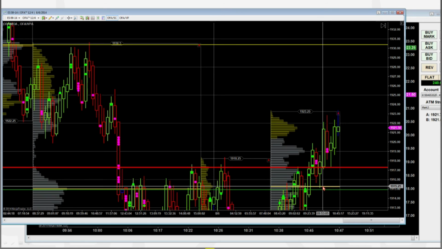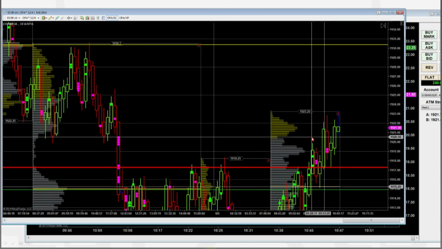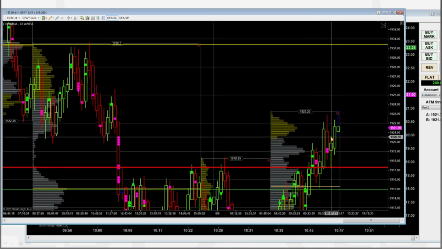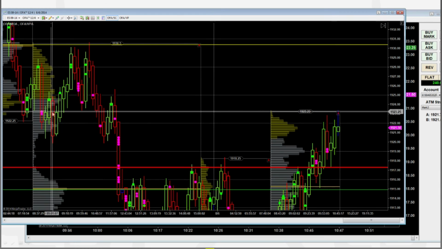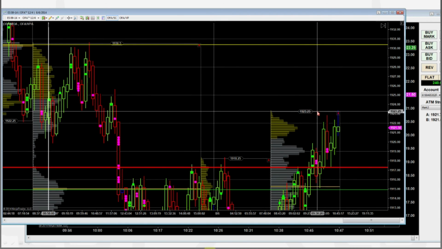And once it got through, where's the next level? Here, this low volume area from yesterday. Where's the next level after that? In terms of sellers, I would tell you the next level is going to be up here at 29.50, the 29 quarter level.